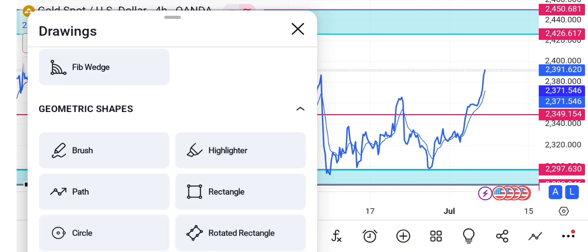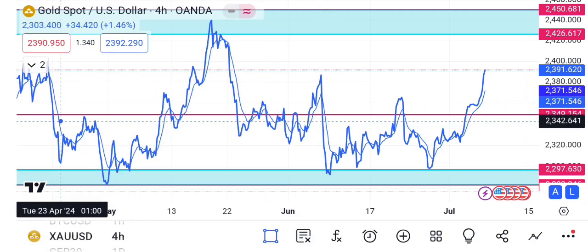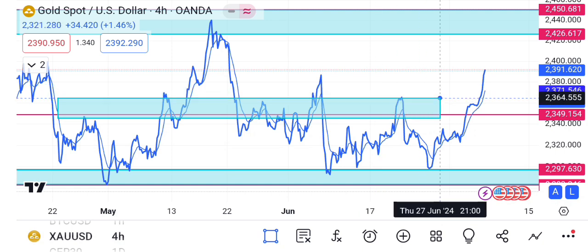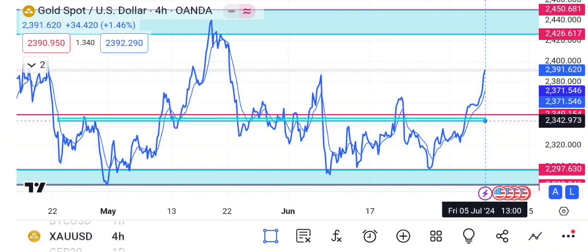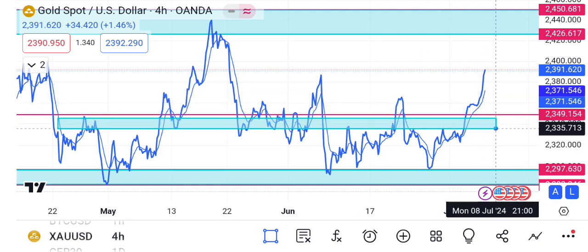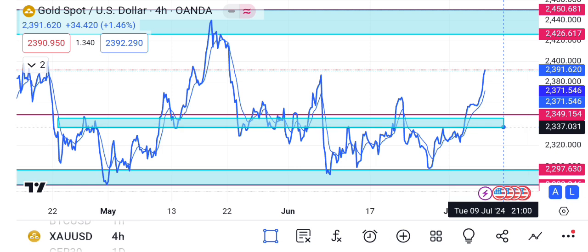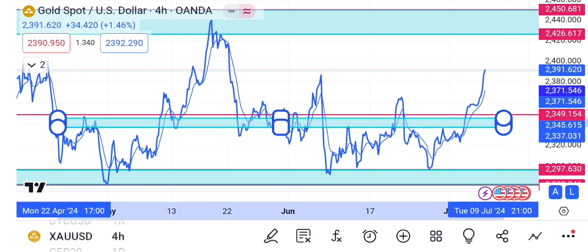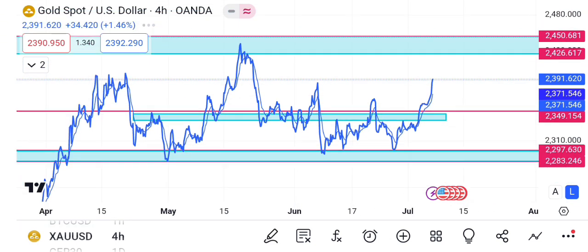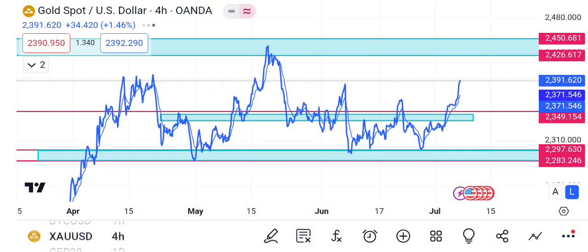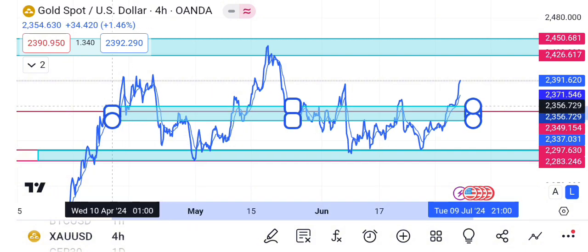I want to mark my support correctly over here. I don't know if I'm marking it correctly or what, but I wanna zoom out, mark it correctly. It is very important to mark them correctly.